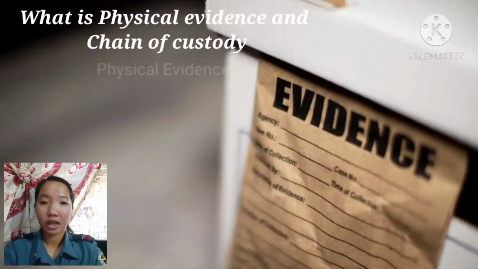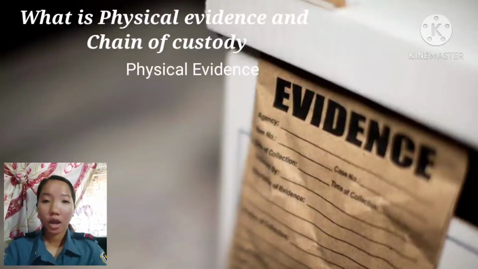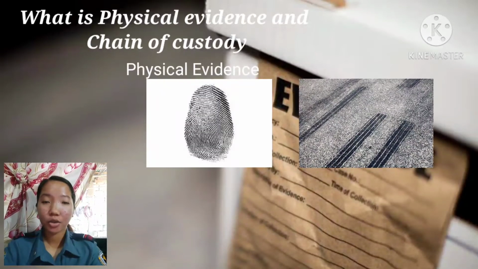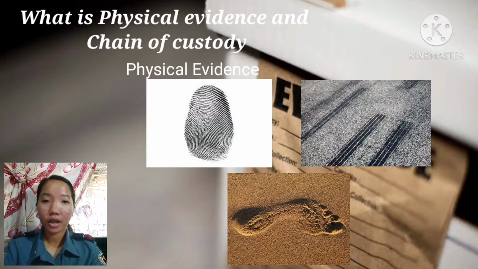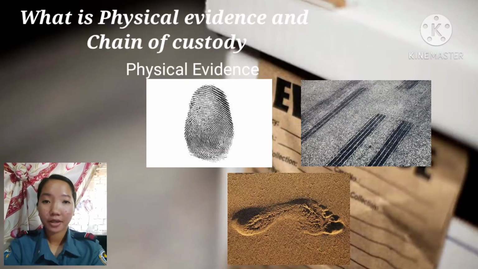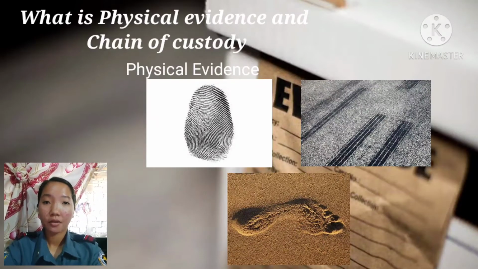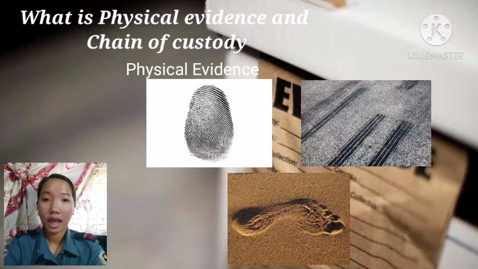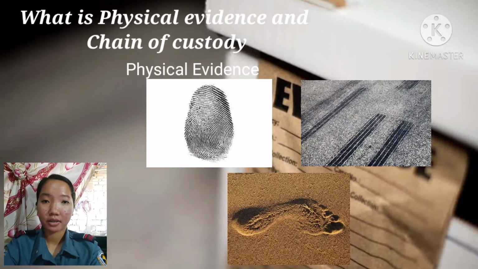First is the physical evidence. Ito ay ang mga object na usually nakikita or na-found sa crime scene. The most important kind of physical evidence are fingerprint, tire marks, footprints, fibers, paint, and building materials.